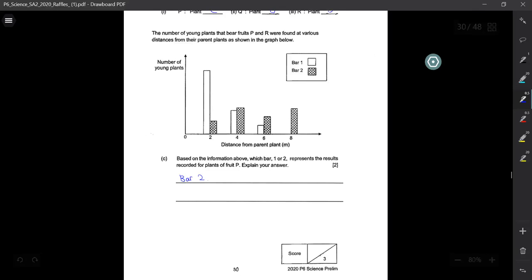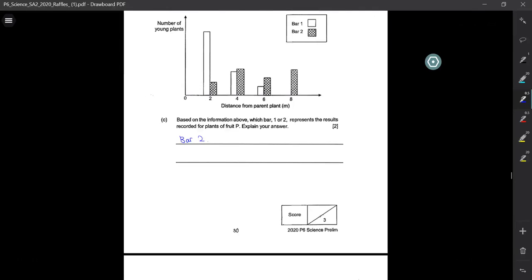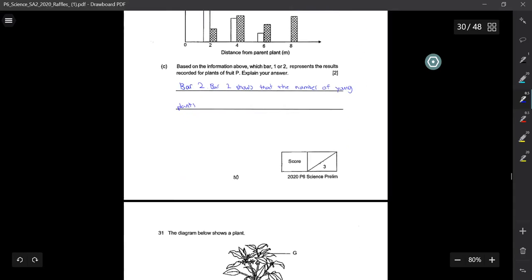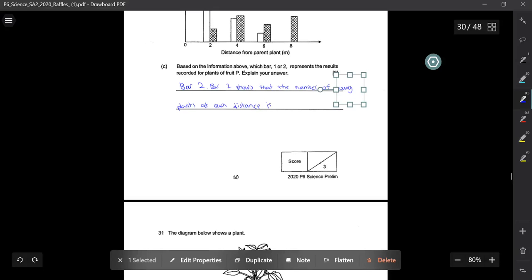So let's just put that into words. So what we'll say is bar 2 and explain our answer. Bar 2 shows that the number of young plants at each distance is varied.